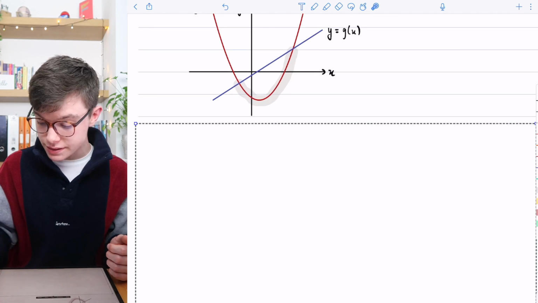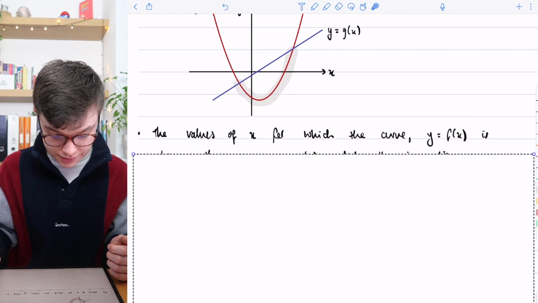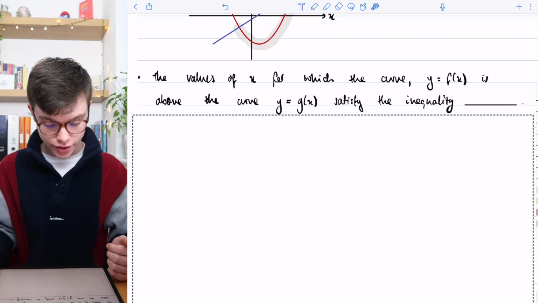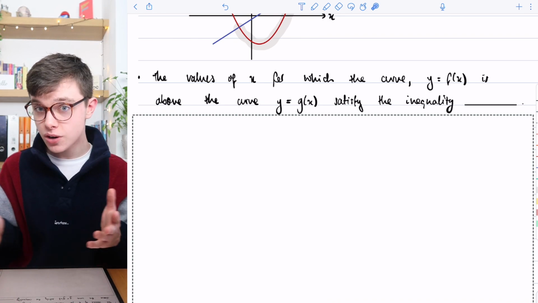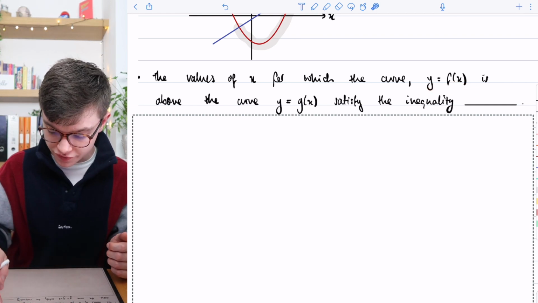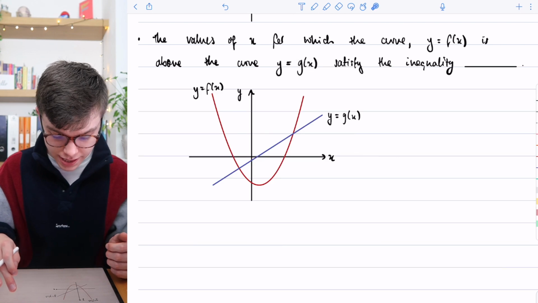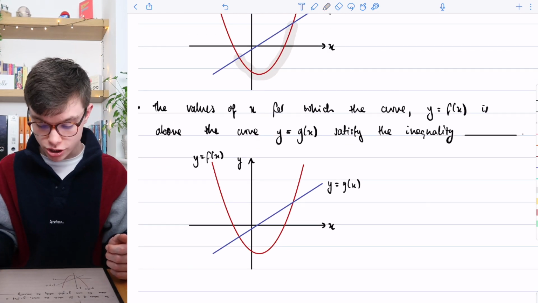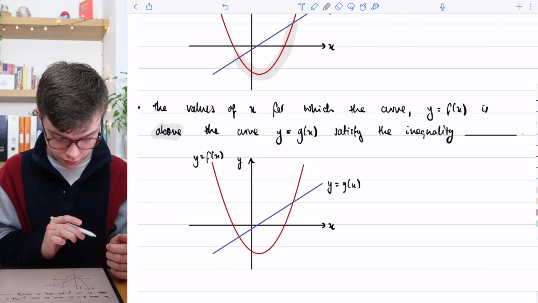Now, let's have a look at a different example, but this time where f of x is above the curve. So what inequality will that satisfy? We want f of x to be above the curve, so again, we're going to take the exact same diagram, but this time we're not going to shade the same region because we want above the curve.